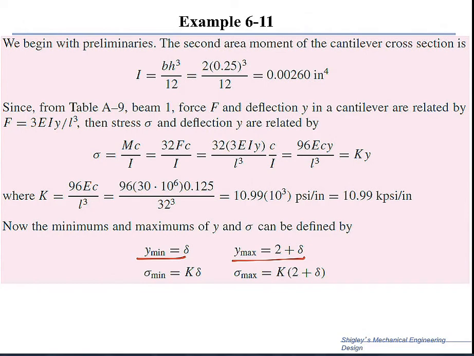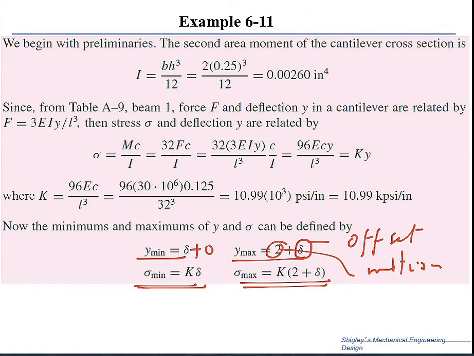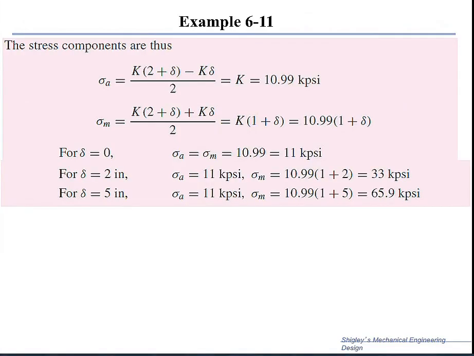The minimum deflection is going to be the offset plus the motion, and the motion can go from 0 to 2 inches. So the minimum is delta plus 0, the maximum is delta plus 2 inches, and multiplying by k, you get the minimum and maximum stress, and therefore you can get the alternating stress and the mean stress.